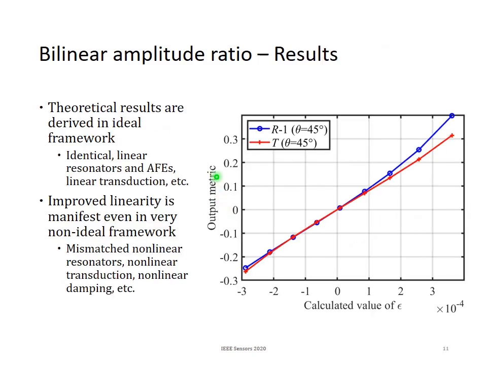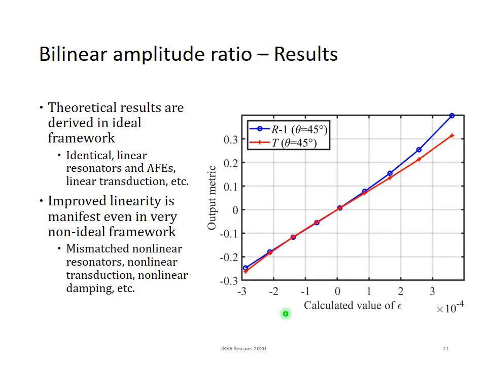Of course, the previous results are obtained in a highly idealized framework where the resonators have perfectly identical parameters and all the nonlinearities that may affect MEMS devices are neglected. So to assess the robustness of our results in a more realistic framework, we conducted some experiments using actual resonators and electronics, a setup which previous characterizations showed to be full of non-idealities, so mismatched quality factors, nonlinear damping, nonlinear transduction, etc. And the results are shown here.